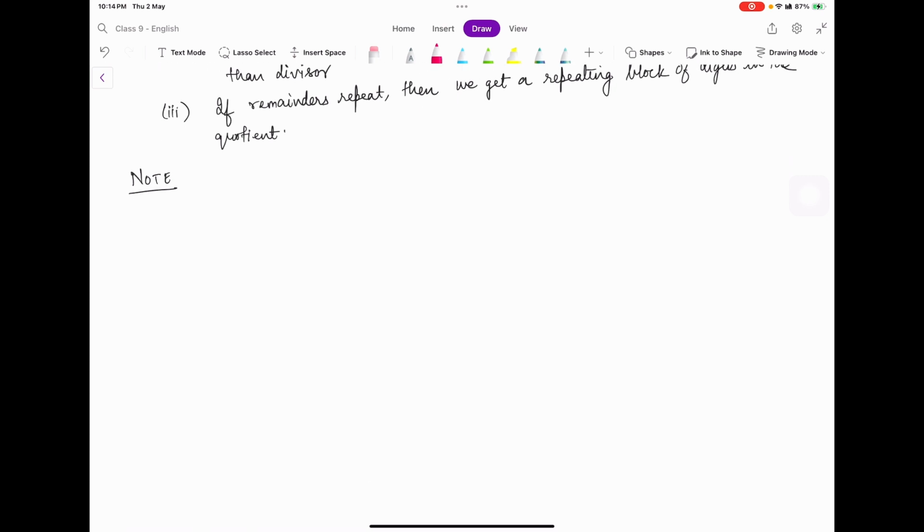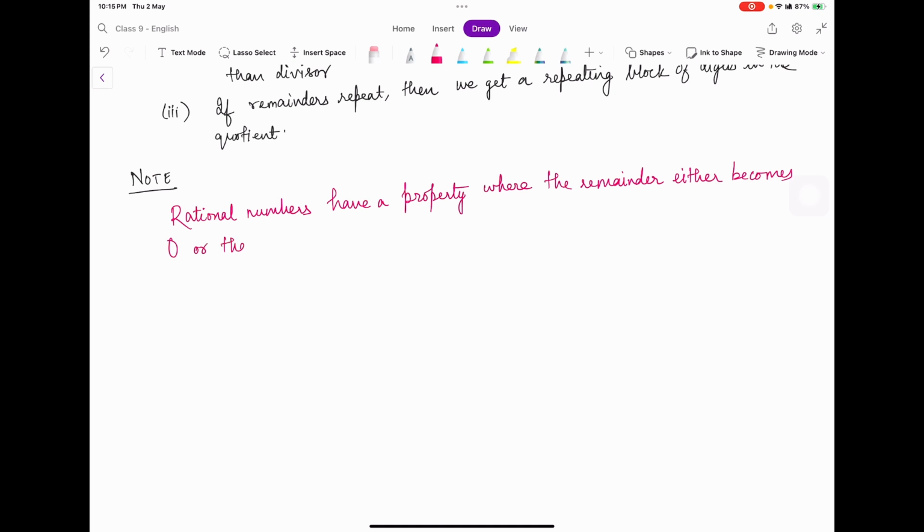We can write that rational numbers have a property where the remainder either becomes zero, or the remainders repeat in a pattern.